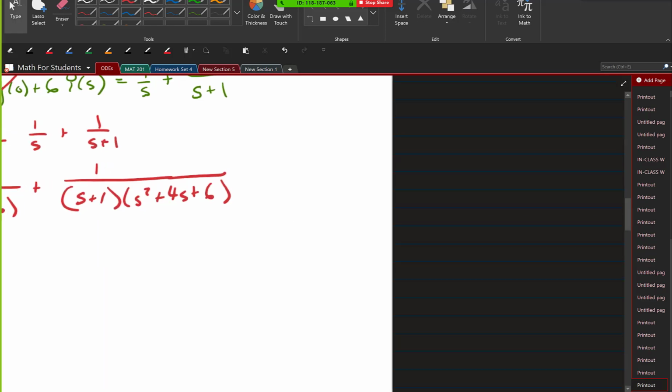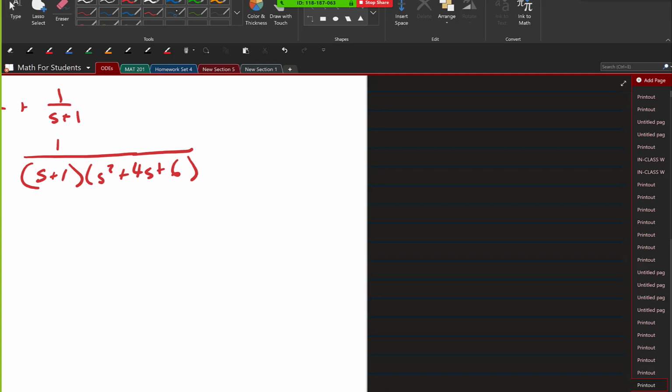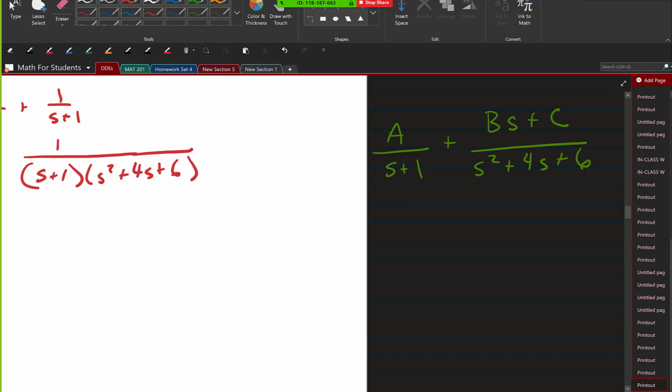Let's look at this second term here. You don't have to worry about jotting this down. I just want to make sure we're all clear. For this second term, how would you go about doing the partial fraction decomposition? You would set it up this way. Right?